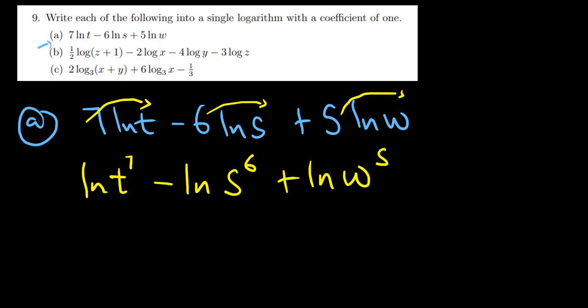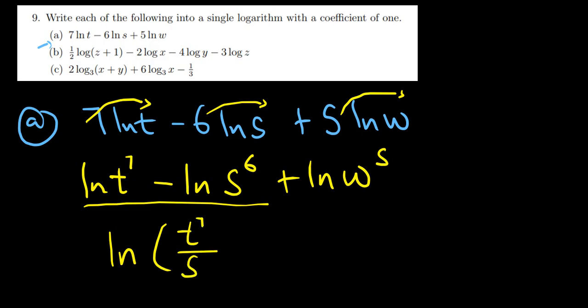And then from there we can apply the rule for when you are subtracting two logs and when you are adding them. The first two here, we are subtracting them, so it's going to be ln of t to the power 7 divided by s to the power 6.